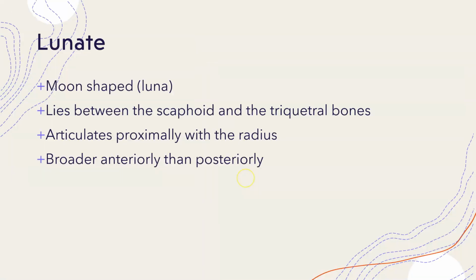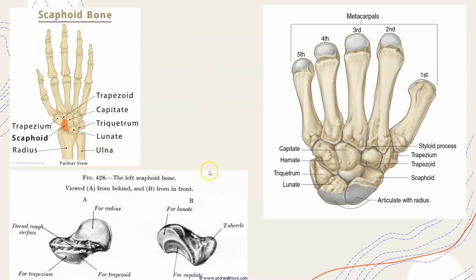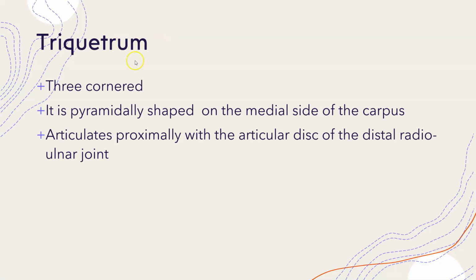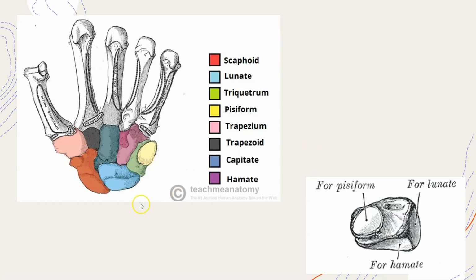So our first two bones, the scaphoid and the lunate, directly articulate with the distal radius, whereas the triquetrum articulates with the articular disc of the distal radioulnar joint. It does not articulate with the distal radius or ulna. So here's our scaphoid, here is our lunate, and here is our triquetrum in green.